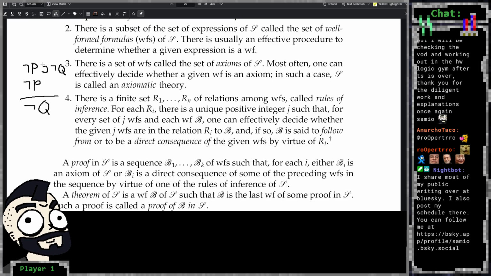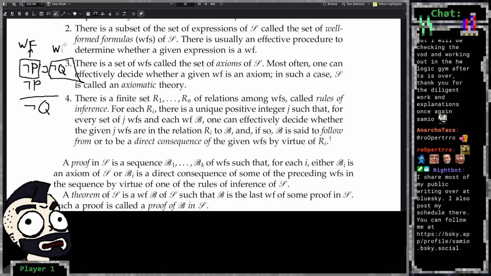Again, what is here doesn't really matter. All that matters is the general structure of there being a well-formed formula and a well-formed formula. Here we call this well-formed formula 1 and we call this well-formed formula 2. And this relationship between well-formed formulas we call a rule.